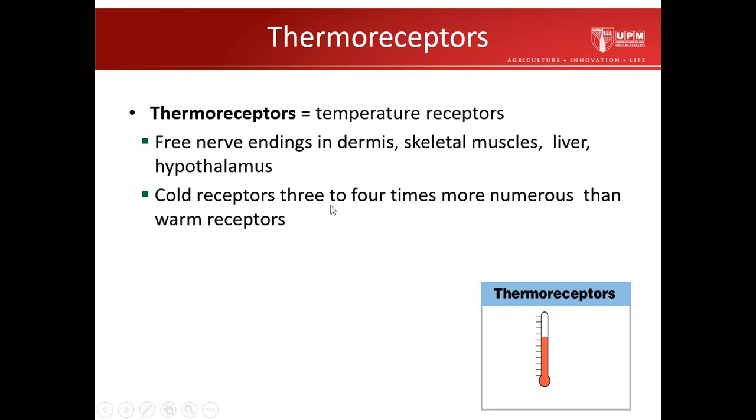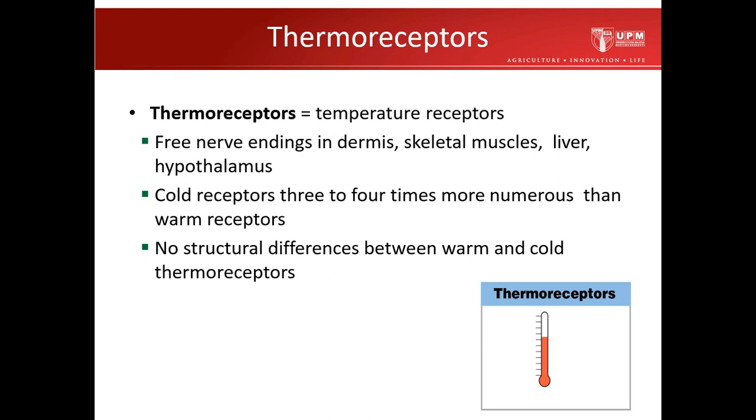And cold receptors are 3 to 4 times more numerous when you compare to the warm receptors, and there are no structural differences between these two thermoreceptors, between the warm and the cold receptor.